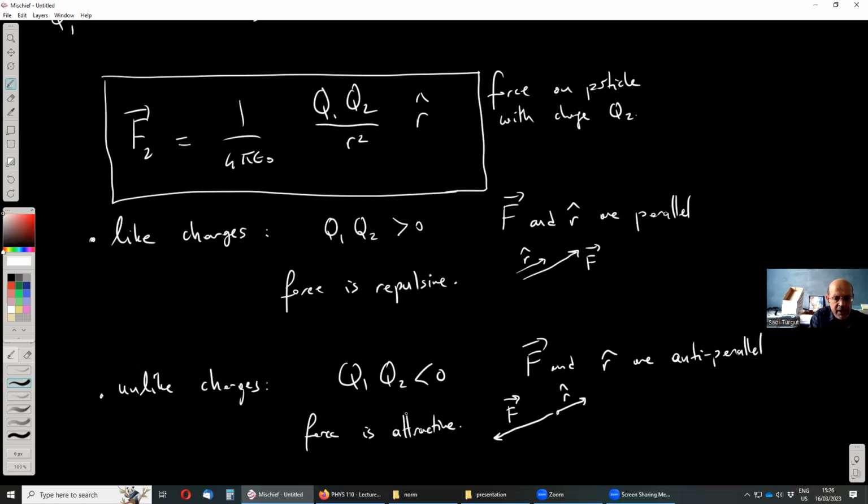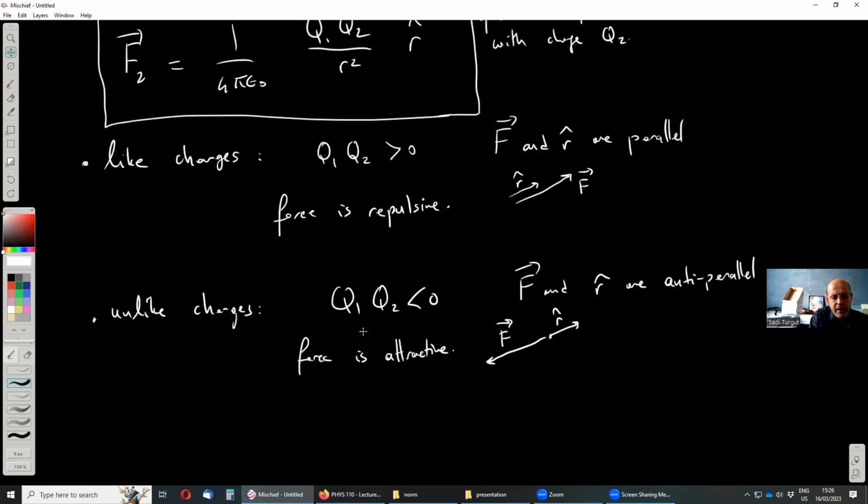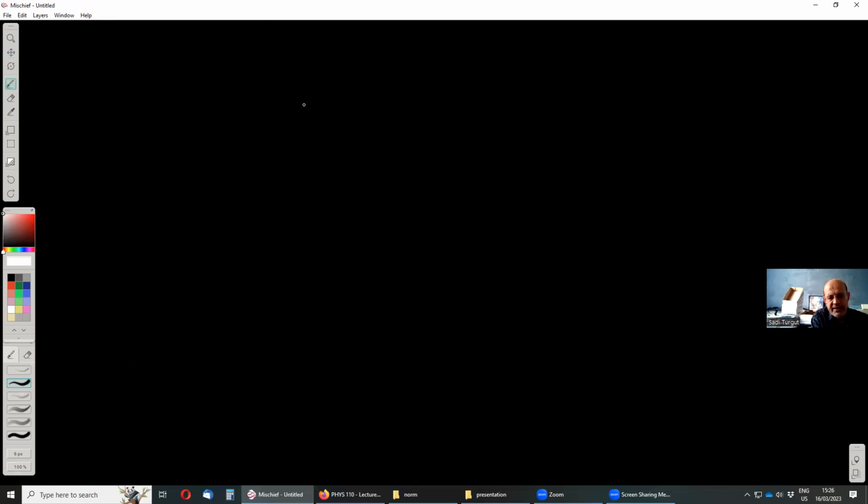Okay, so let me quickly do this. So in any case, if I have a charge little q in here, but charges, let's say Q1, Q2, and so on in here, like lots of charges in here, if I want to compute the total electric force acting on this little q charge, so let's say it like this.